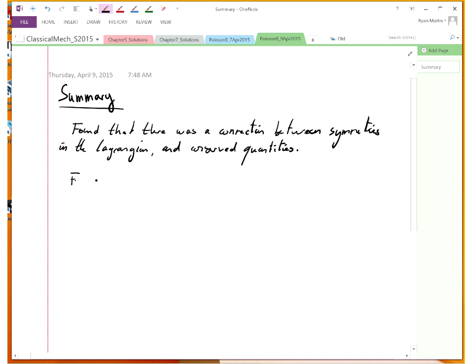In particular, for a continuous transformation of the coordinates.